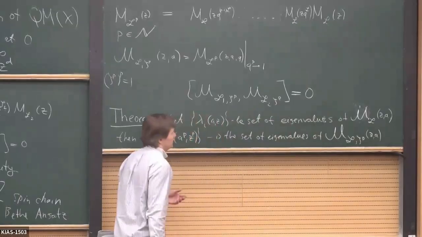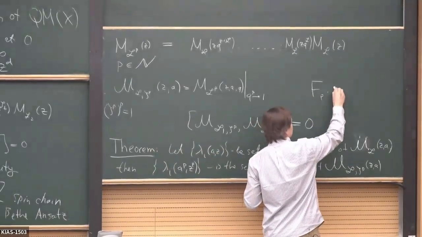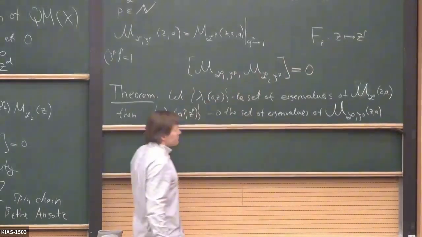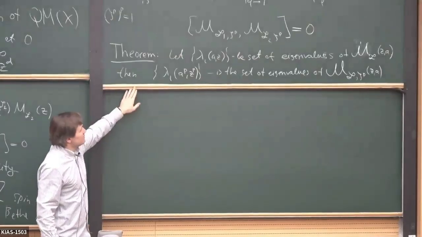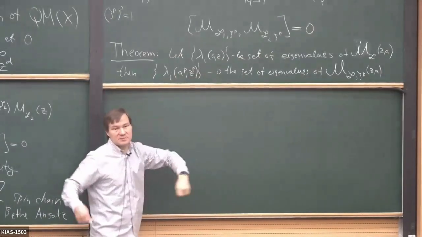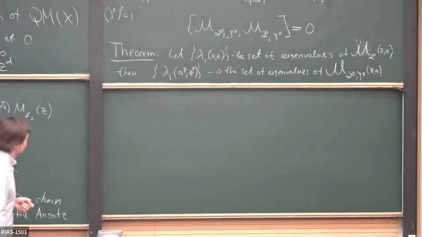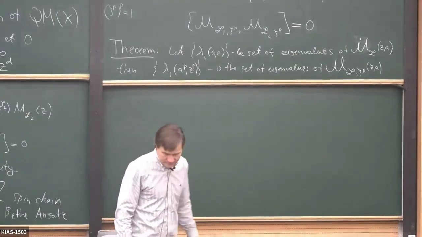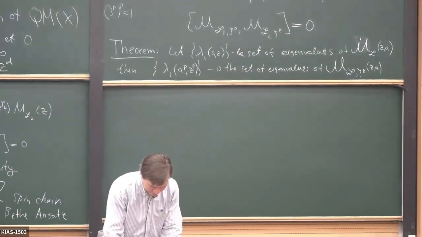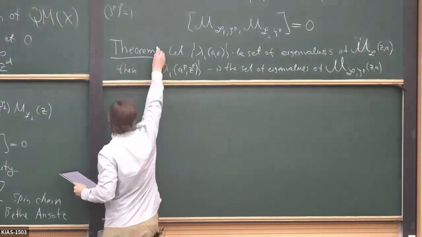There's this Frobenius operation that takes z and does z to the p. It's literally the same function, and you just exponentiate all the variables. Okay. Good. Now next, theorem 1.